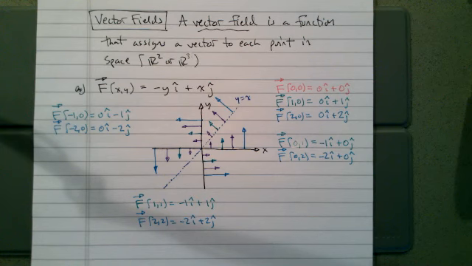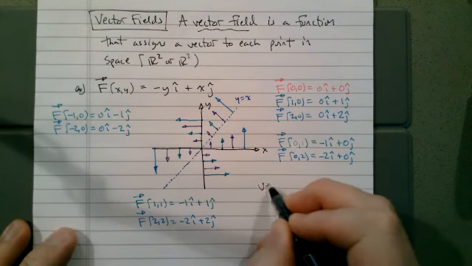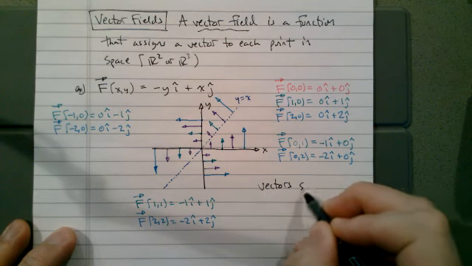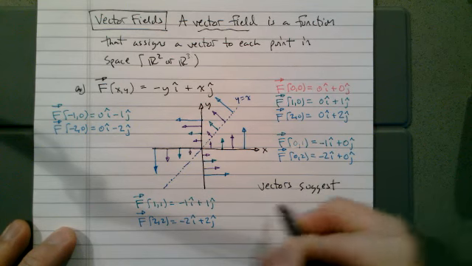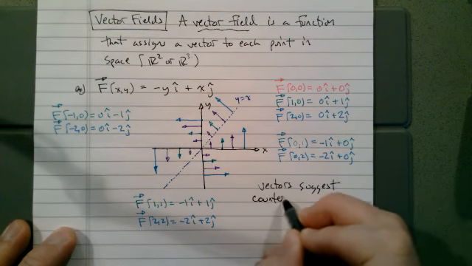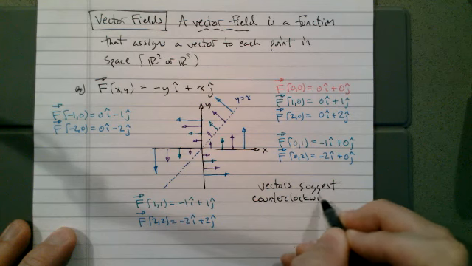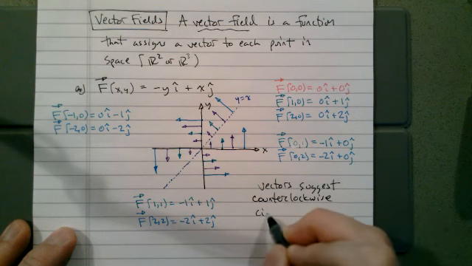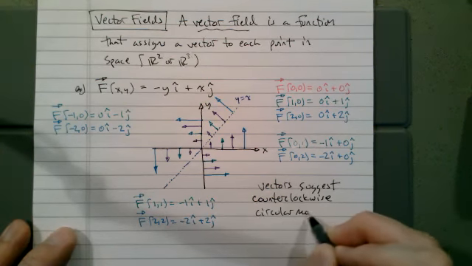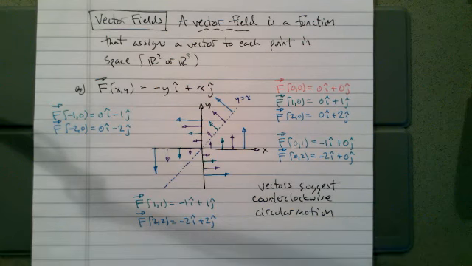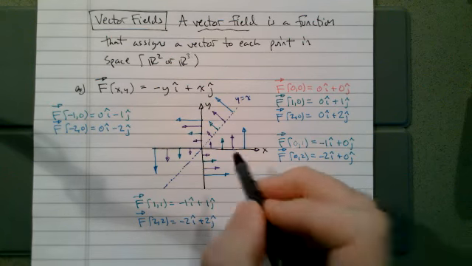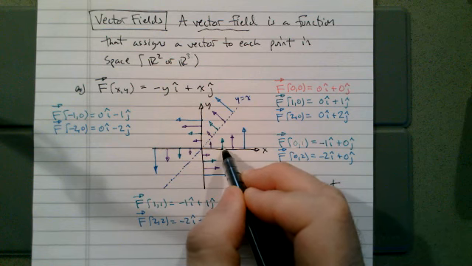So maybe this vector field is suggesting some kind of circular motion, counterclockwise circular motion. The vectors suggest counterclockwise circular motion. We can imagine if we start here at 1, 0, we're going to go up a little bit.